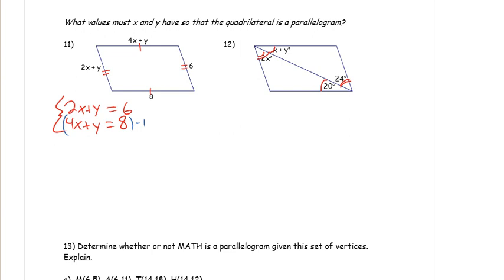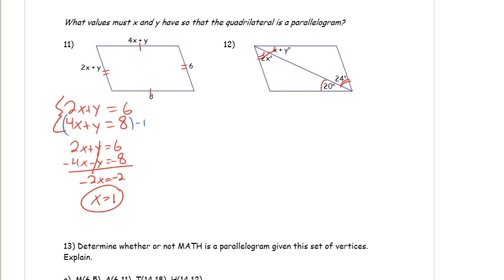So I'm going to rewrite everything as 2x plus y equals 6 over -4x minus y equals -8. Pretty simple one to get rid of these y's. They cancel here. We have -2x equals -2. X is 1. Now, to figure out what y is, you can plug it into either one.